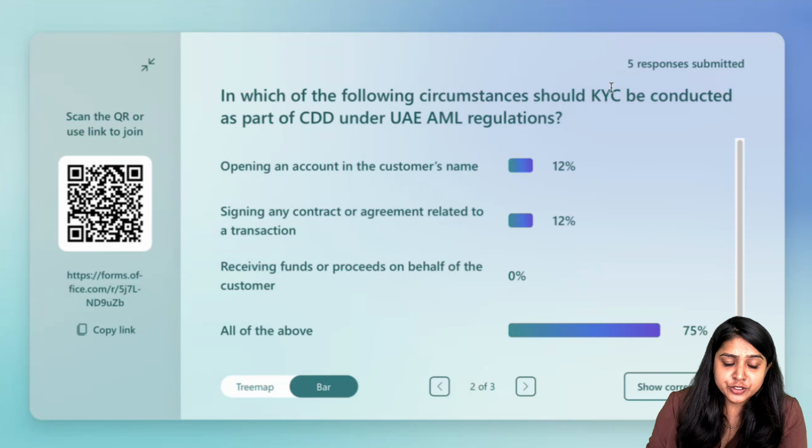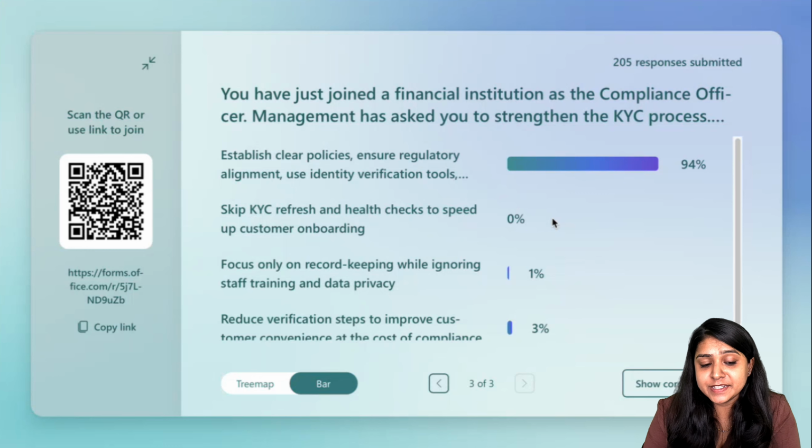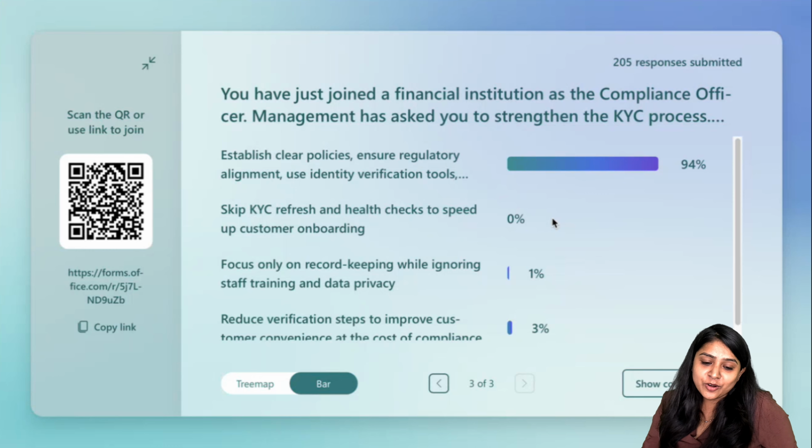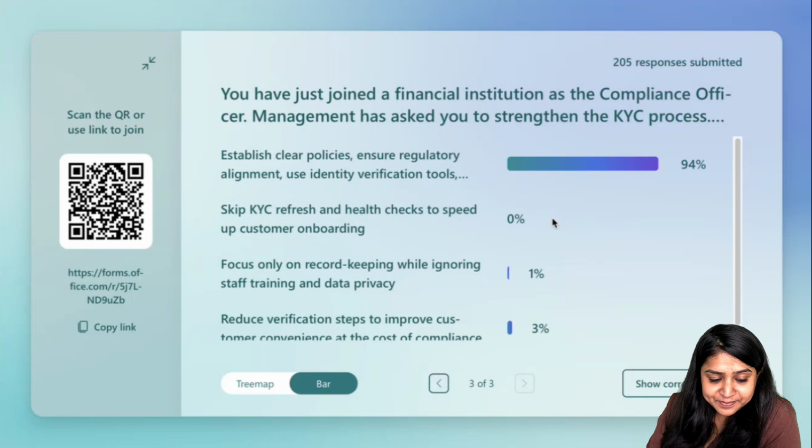Which of the following approaches would best reflect industry best practices? 94% of you have selected the correct answer, that is: establish clear policies, ensure regulatory alignment, use identity verification tools, conduct periodic KYC refresh, and train staff regularly. So this is the absolutely correct answer, and I feel very good when you all select the right answers. So I think we all are going in the very right direction.